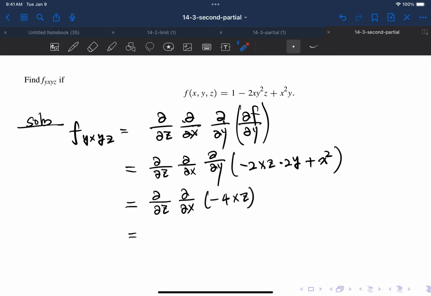Now, the next thing is take derivative with respect to x. The negative 4z's are constant, so it becomes negative 4z, x derivative, which is 1. And then there's only a single variable, and taking the derivative with respect to z gives negative 4. By Clairaut's theorem, or mixed derivative theorem, you are able to compute negative 4 by changing the order of derivatives.